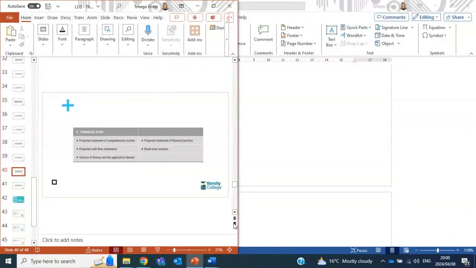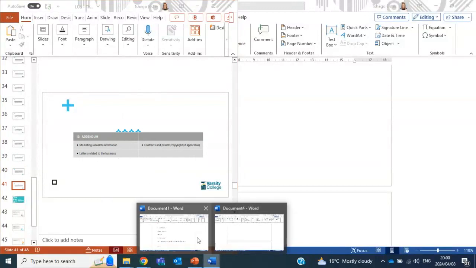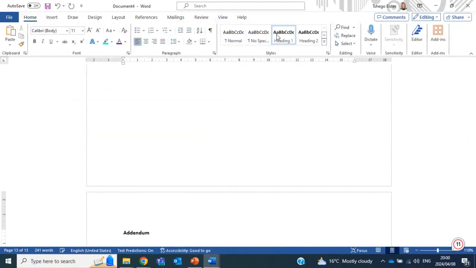And then the last section of the business plan is your addendums. So addendum is basically every detail or extra documentation that supports all the sections in the business plan.